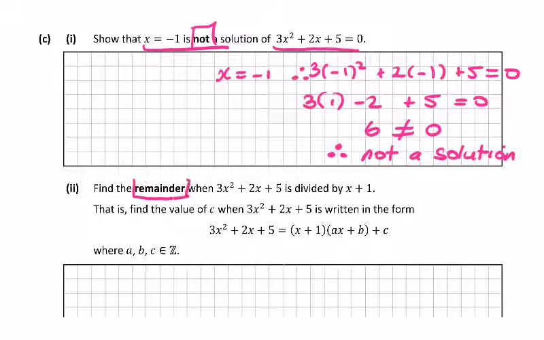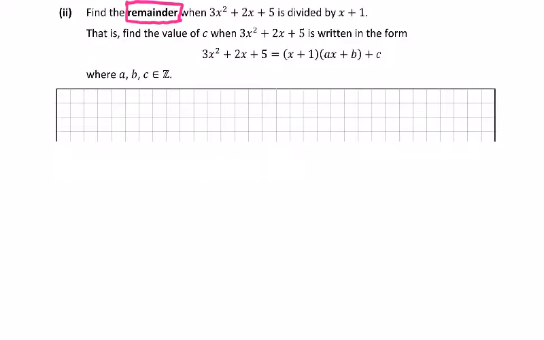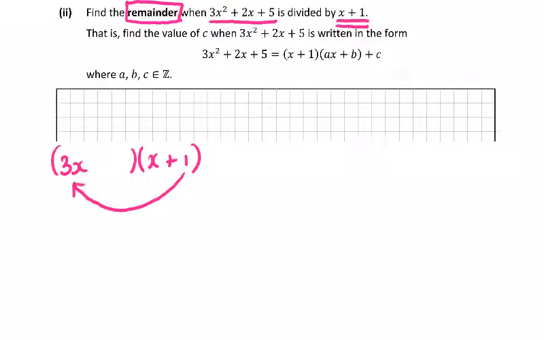And now, to your horror, the remainder. When we were looking at the box method the whole time, we can still do this with the box method, but there's a couple of different ways to do it. Let me approach it maybe just with factorization first. If we have to get 3x squared plus 2x plus 5 when it's divided by x plus 1, we'd have to have 3x by something. To get 2x, we already have 3x here, so I'd have to have minus x, so this would be a minus 1.